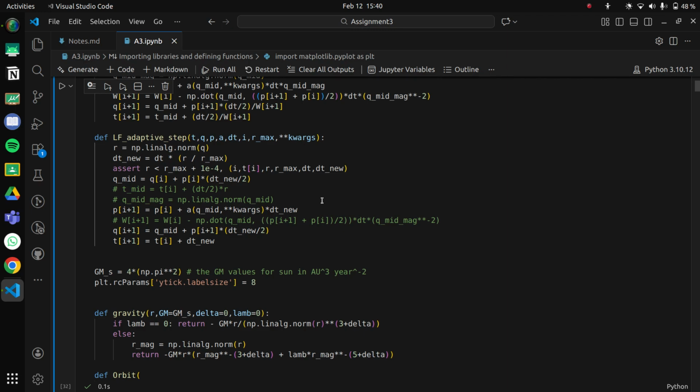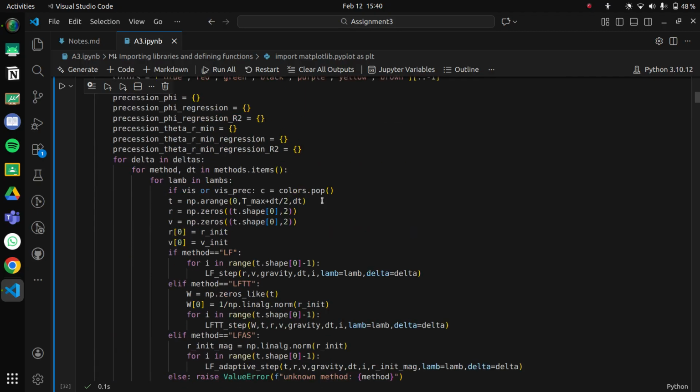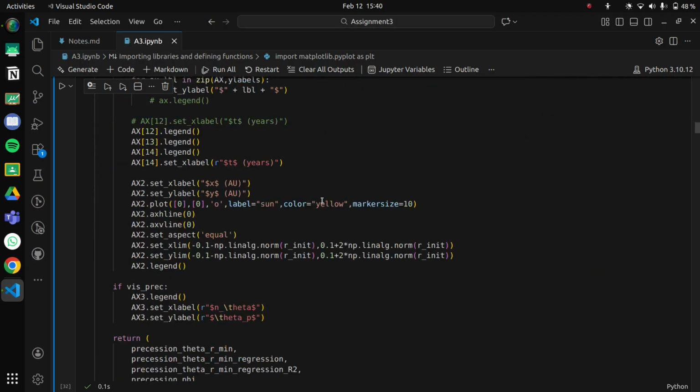Explanation looks right. How could it be that dt new is more than what we thought it would be? It's as if I just changed it, so how is it going above? Well, we'll see when we run it.